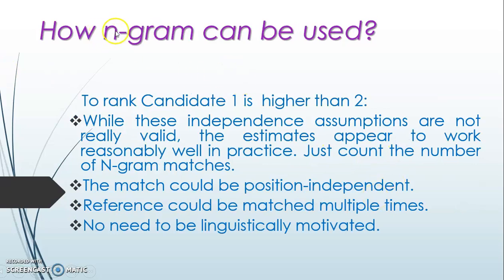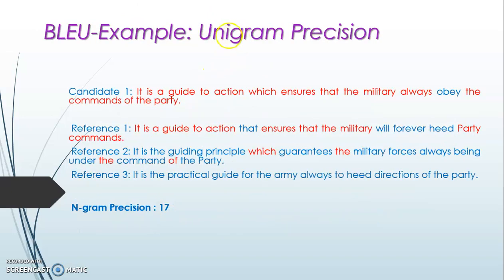Now we use n-grams in this, and how it is used is we just count the number of n-gram matches from the candidate sentence and the reference sentences. These matches can be position independent and can be matched multiple times to the reference. Now we consider candidate 1, that is the first sentence obtained as output.